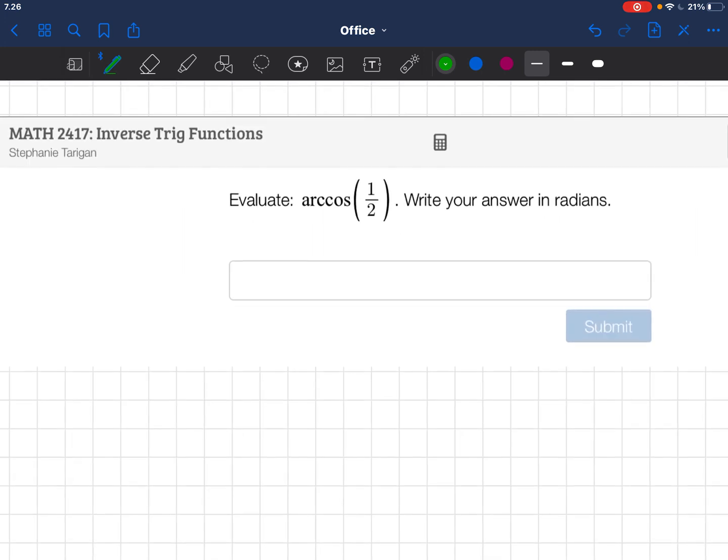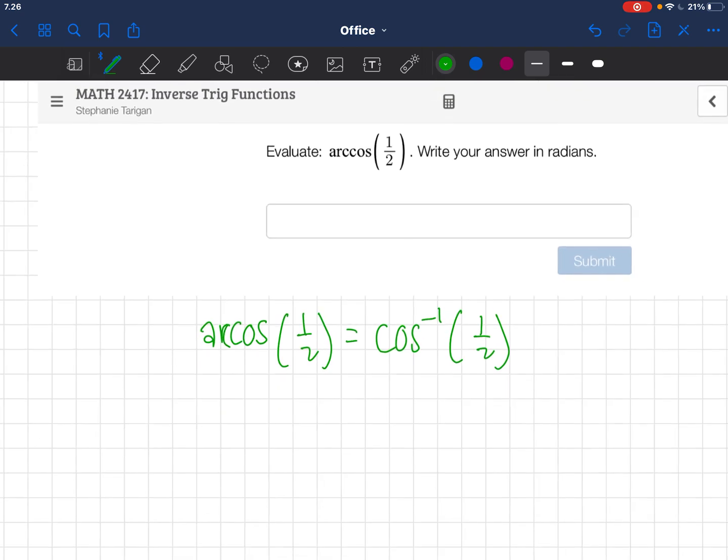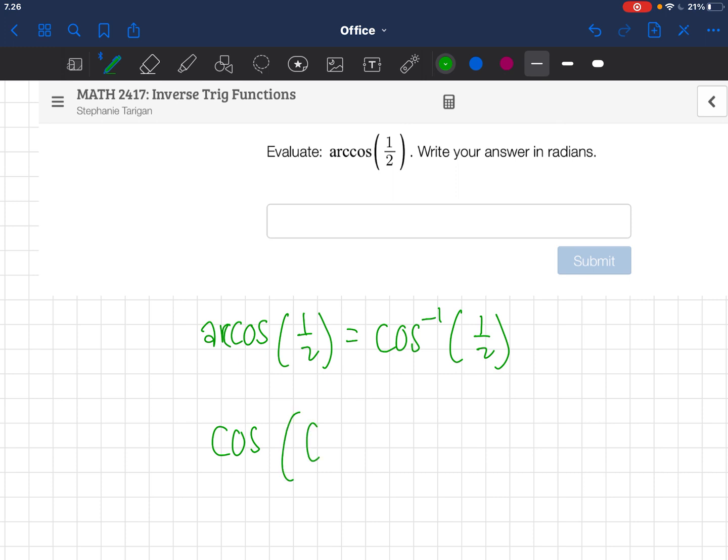So previously they asked you the angle if sine inverse is 1/2, right? Arccosine of 1/2, or again they would write it as cosine inverse of 1/2, is pretty much asking us what angle gives us the length of 1/2.